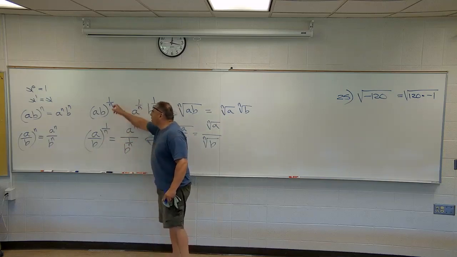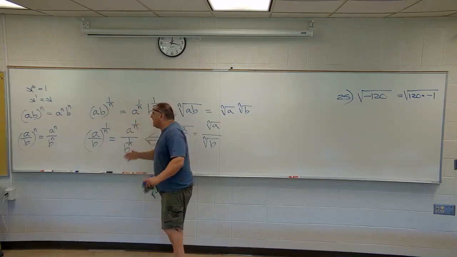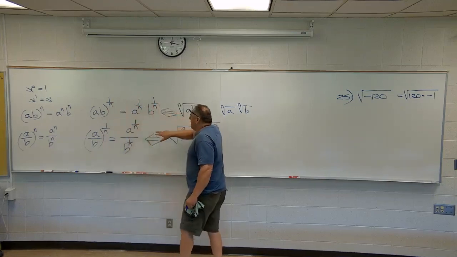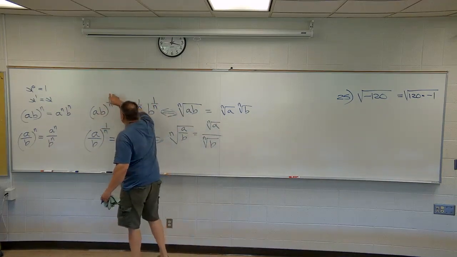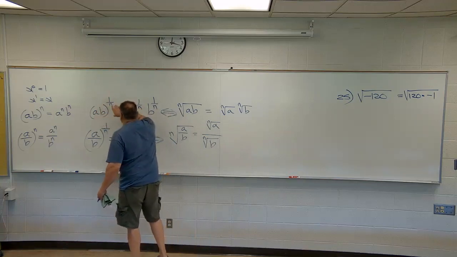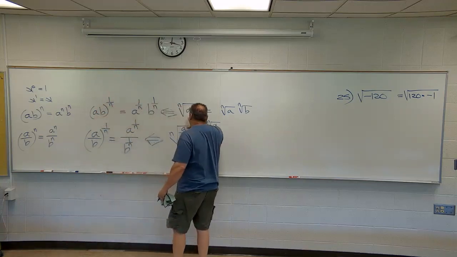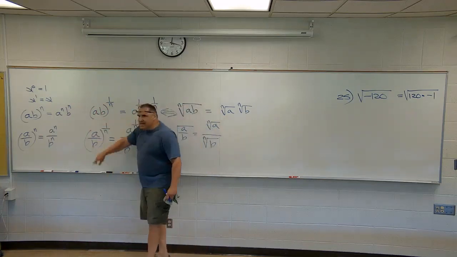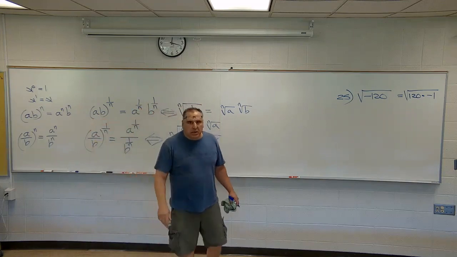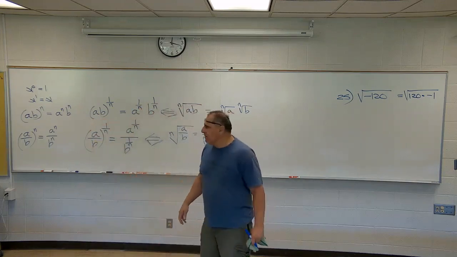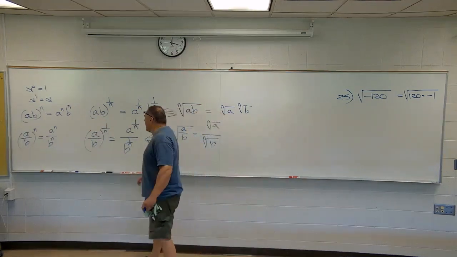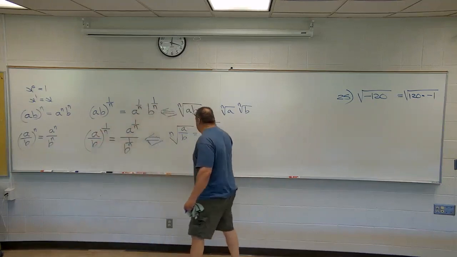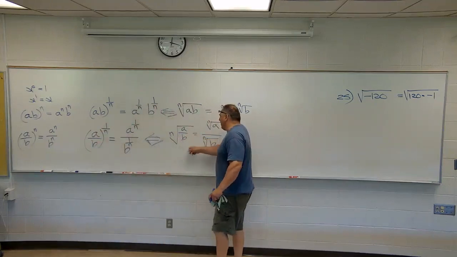For the record, 1 over n, if it's a natural number, this product to the 1 over n power is this product, the nth root of it. The nth root of the product AB is identical to the quantity AB to the 1 over n. The quantity A over B to the 1 over n is identical to the nth root of A over B.